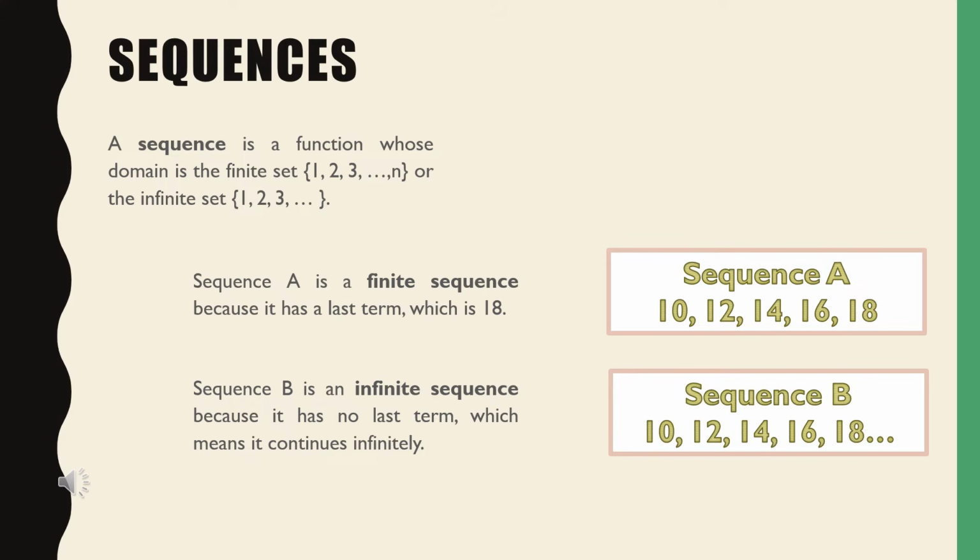That means sequence B has no last term, so it continues infinitely. After 18 we still have 20, 22, 24, and we can even reach up to millions of numbers.